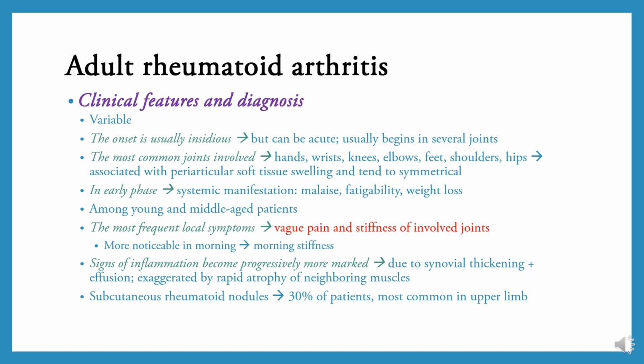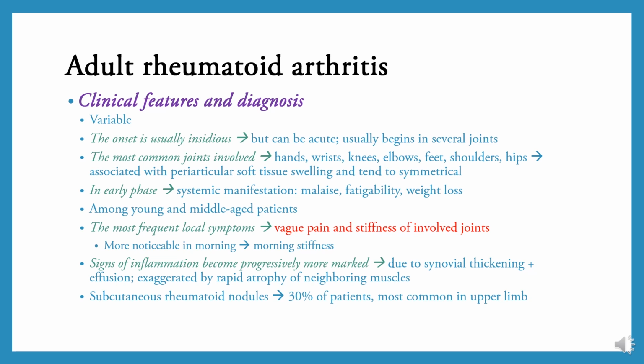It is also associated with periarticular soft tissue swelling and tends to be symmetrical. In the early phase, systemic manifestations such as malaise, fatigability, weight loss could occur. Among young and middle-aged patients, the most frequent local symptoms are fatigue, pain, and stiffness of involved joints.